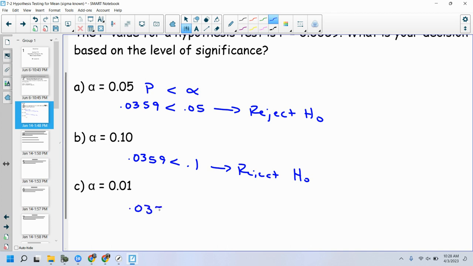No, because 0.0359 is not less than 0.01. I know I could say greater than, but I like to keep it as less than, because that keeps it straight in our minds. Since it's not less than 0.01, I have to fail to reject.